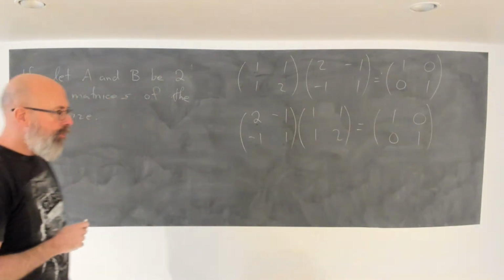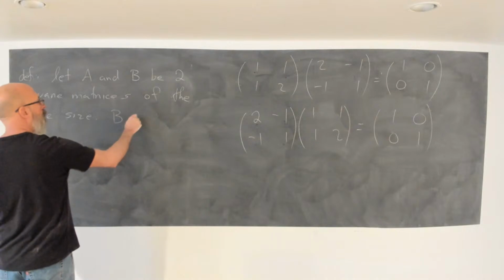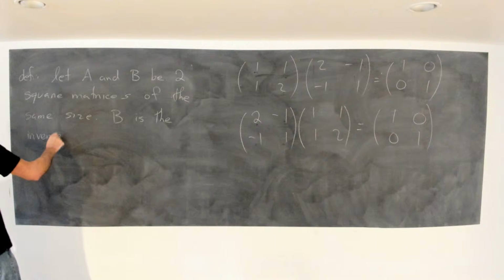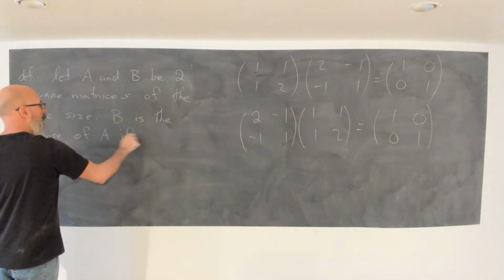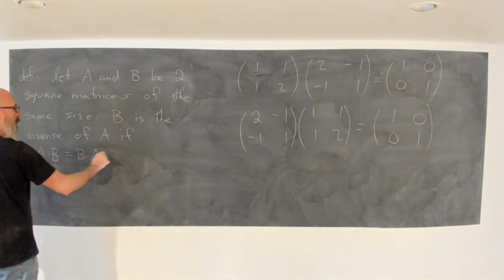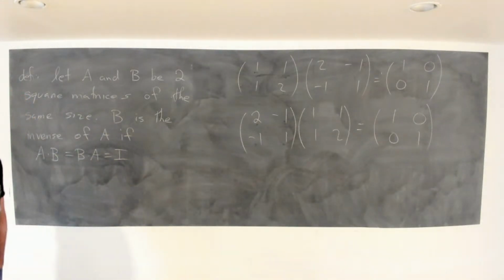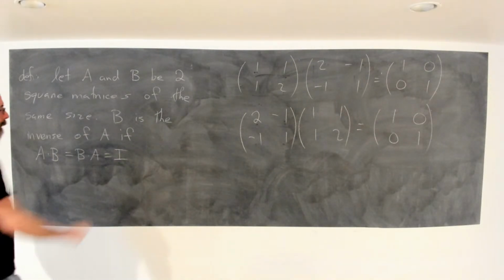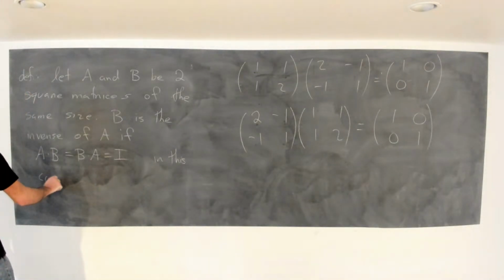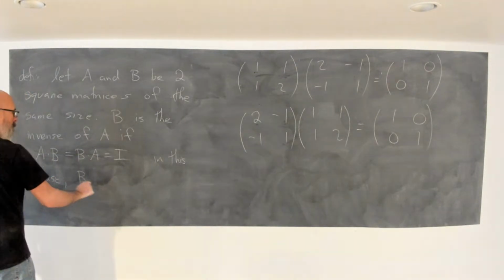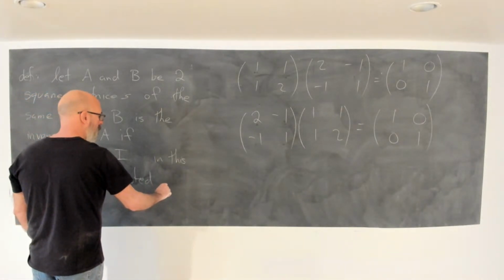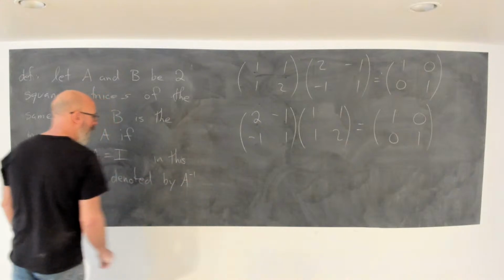B is said to be the inverse of A if A times B is the same as B times A is the identity. In this case, B is denoted by A inverse.